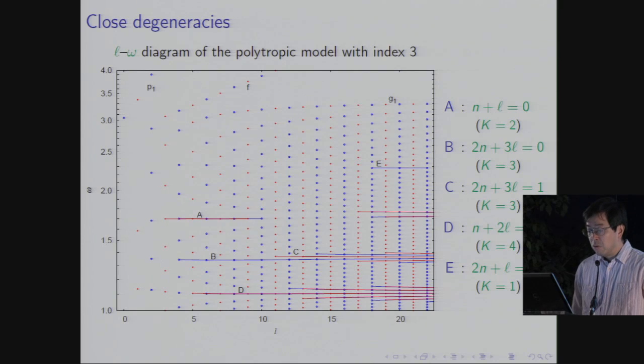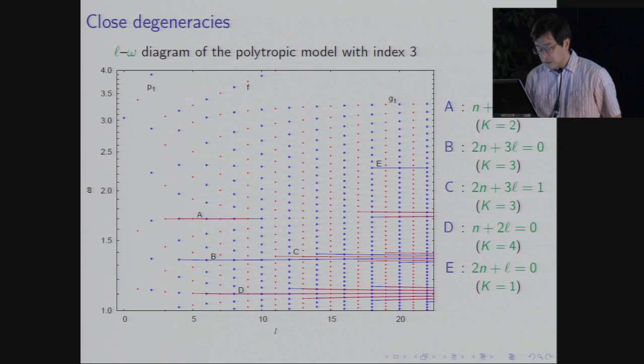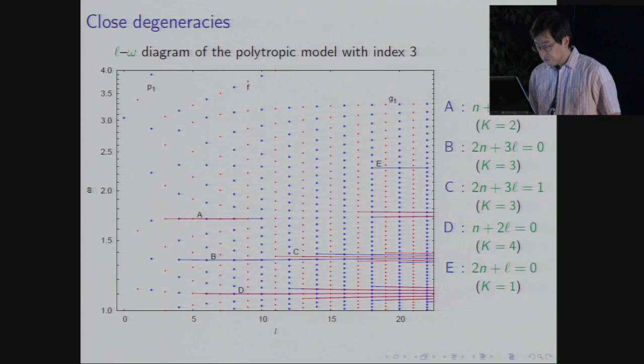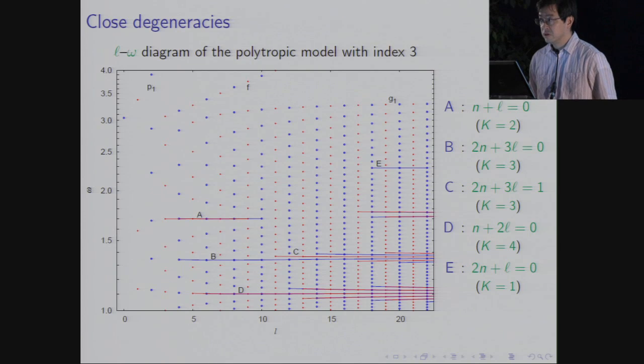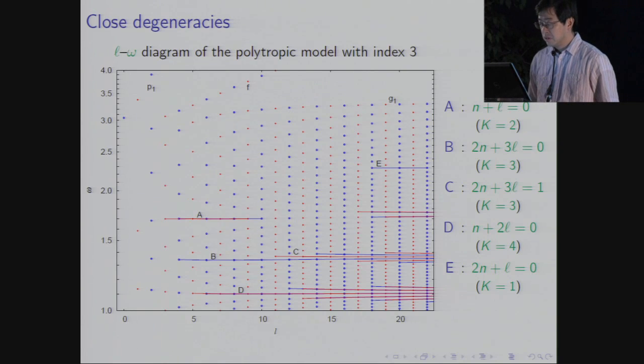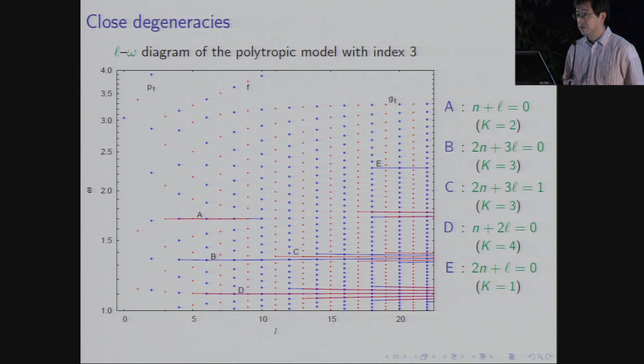This is the L-omega diagram of a polytropic model with index 3, in which we see a lot of close degeneracy, which means a set of eigenmodes that have almost the same frequency. Each horizontal line indicates one family of close degeneracy. So we see a lot of close degeneracy in the g-mode frequency range.